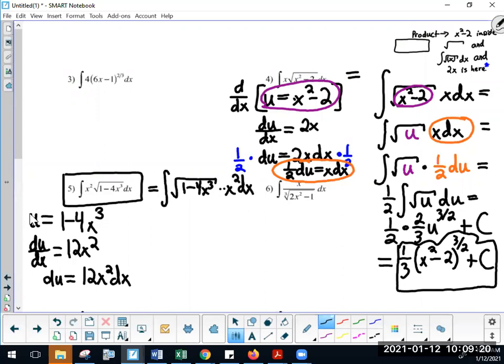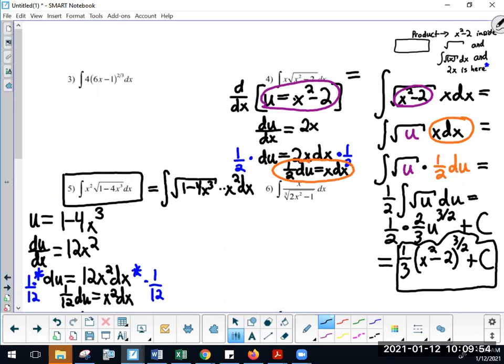We don't have 12x squared. But that is an eminently correctable problem because we can multiply both sides by a 12th, which means 1/12 du equals x squared dx.